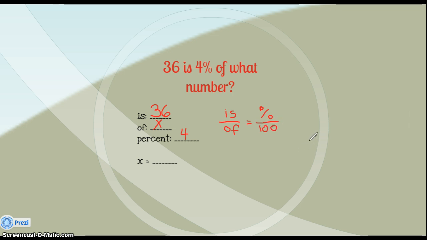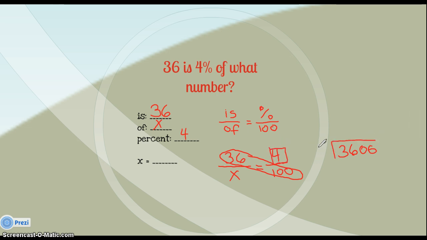And now you can just plug all of them in. So the is is 36. We do not know what the of number is, but we know our percent is 4, and percent is always over 100. To solve, you cross multiply. 36 times 100 is 3600. Last step, divide.